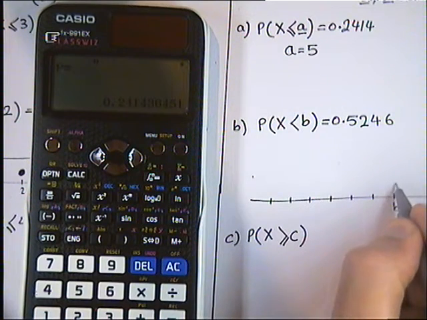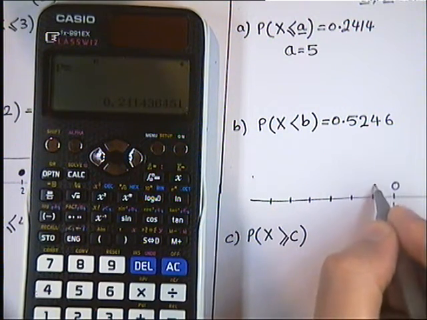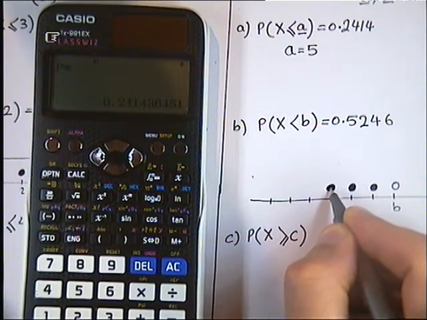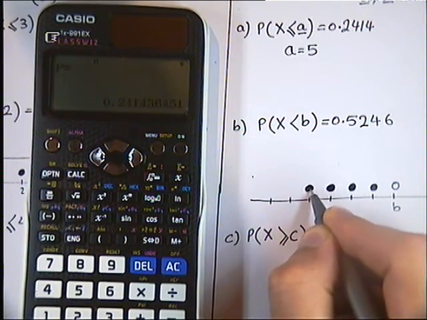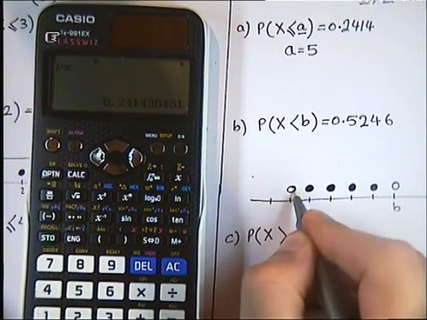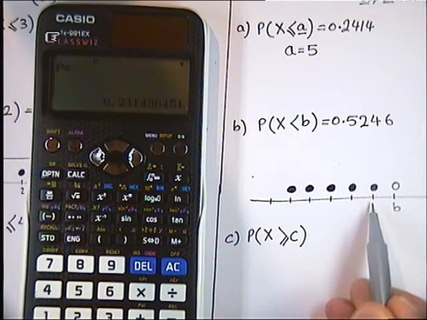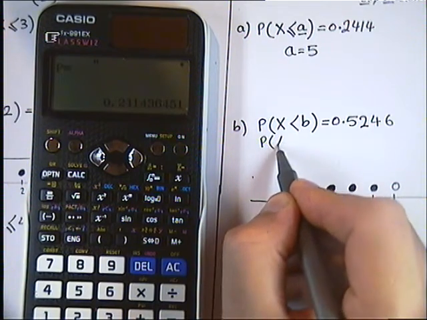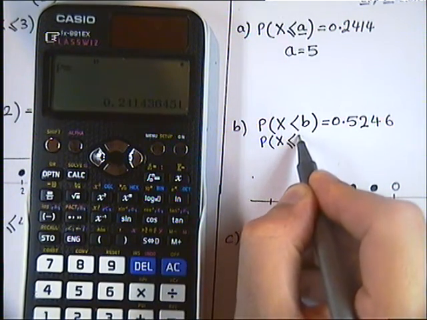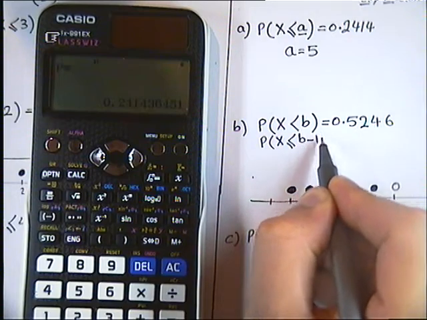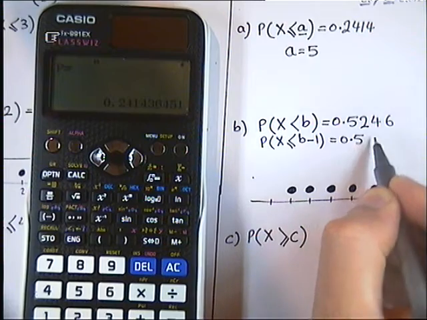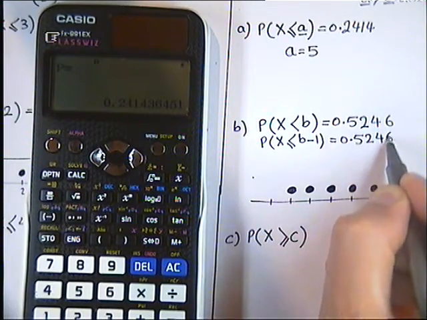Less than B. B is exclusive, so therefore we are not looking for this probability is not given for B. It is given for B minus 1. In fact, probability of x less than or equal to B minus 1 is equal to 0.5246.